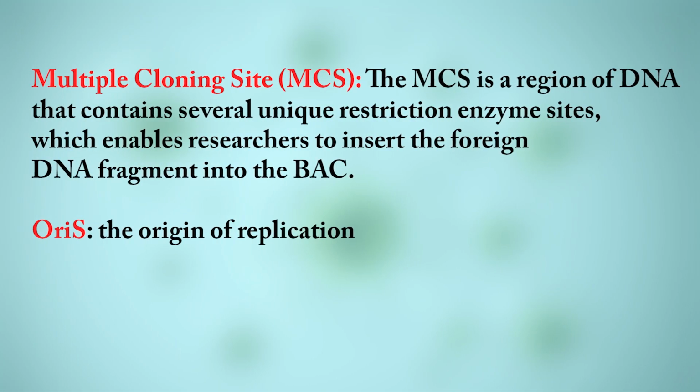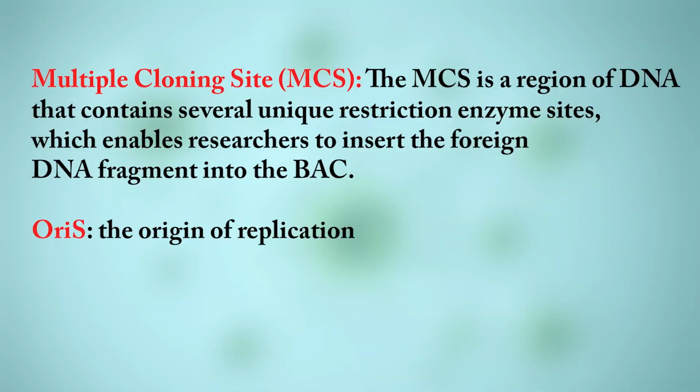The multiple cloning site is one of the important features, as you know that in addition to the conventional plasmids, we have seen the other features of the F factor, but the common features are the presence of a selectable marker and multiple cloning sites, so that the foreign DNA can be inserted into these unique sites where the DNA of the vector is digested to take or to link the gene of interest.